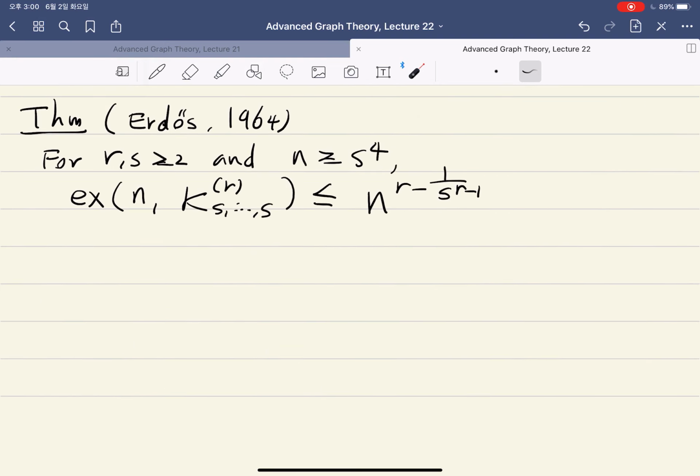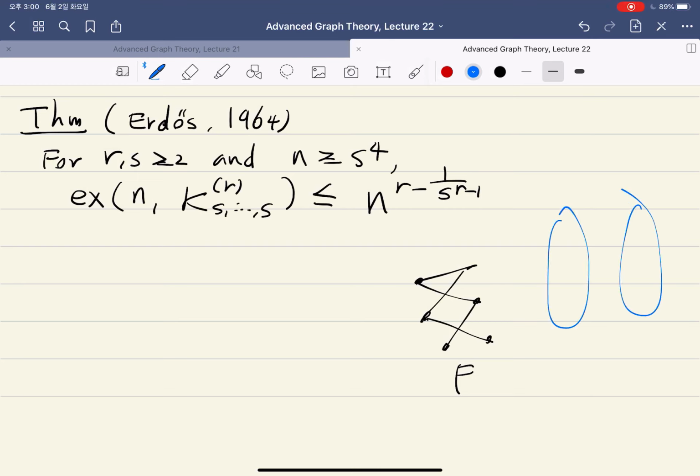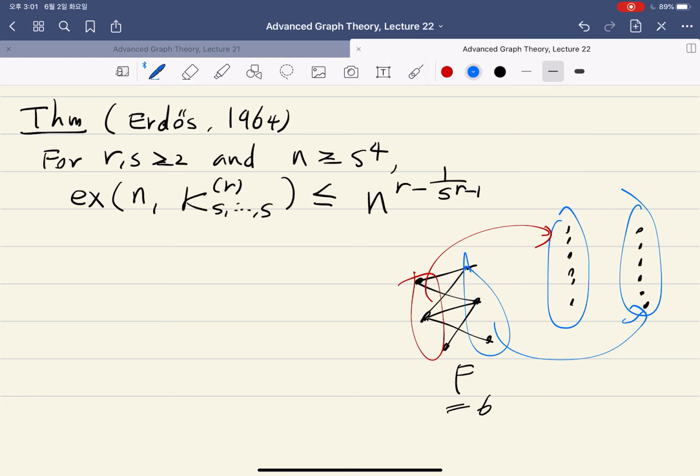Just like in the bipartite graph case, if you have some bipartite graph, say F, then you take S vertices on each side, and you embed F into it, and this is a complete bipartite graph.